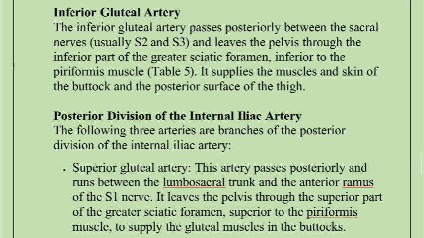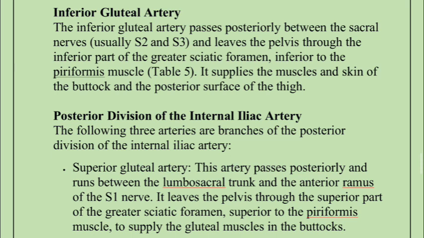and there are three arteries that come from the posterior division of the internal iliac artery. They are the superior gluteal artery, the iliolumbar artery, and the lateral sacral arteries. So those are the three arteries that come from the what?